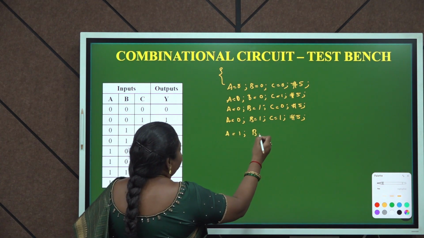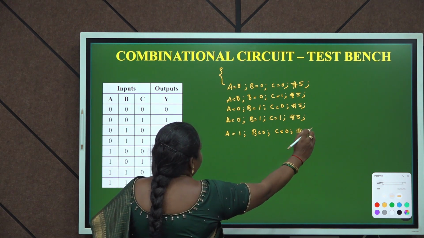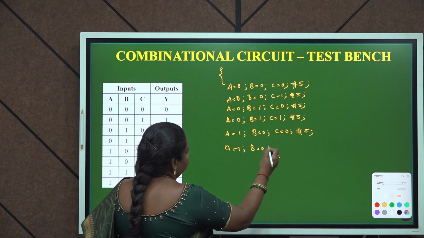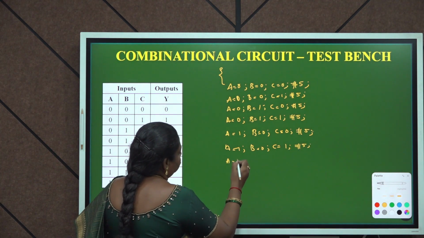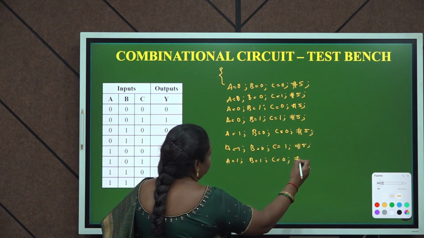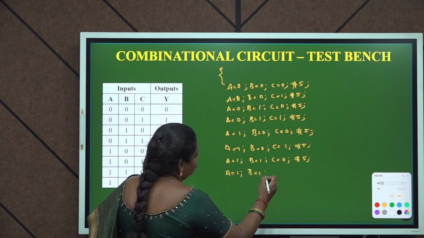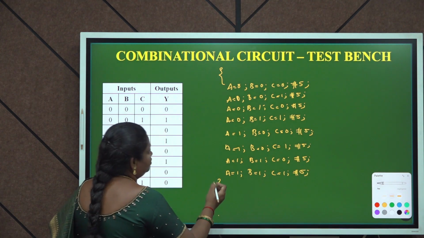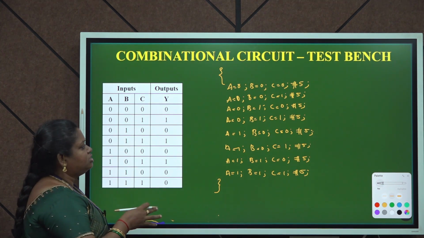So, the next case we are passing. We have completed passing all 8 different combinations, because with 3 inputs, 2 power 3, 8 different combinations are produced.